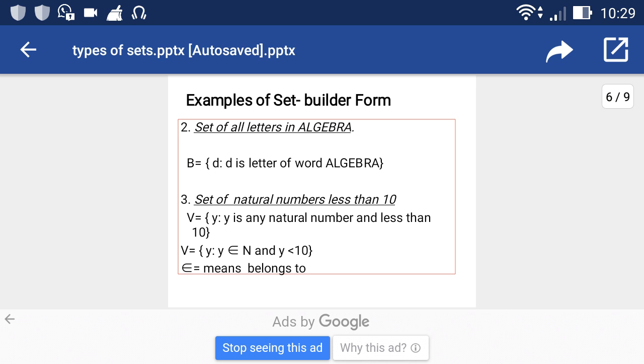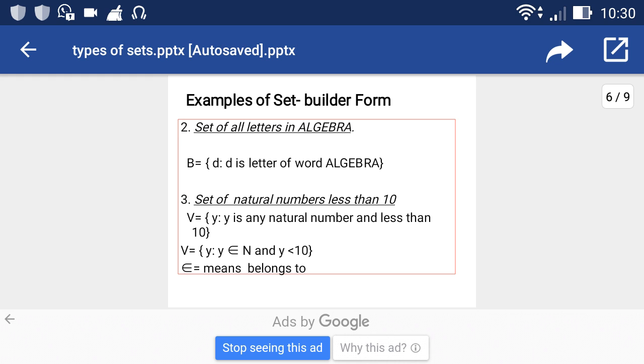Example 3. Set of all natural numbers less than 10. So we have capital V is equal to y, where y is any natural number within 1 to 9. So y such that y is a natural number and y is less than 10.